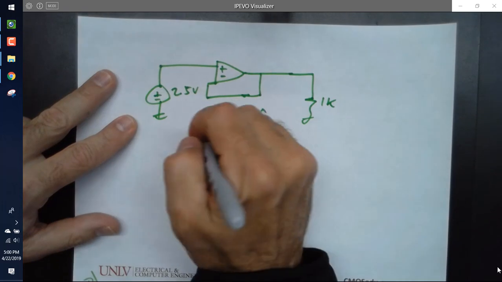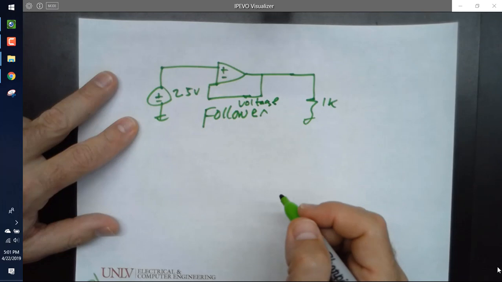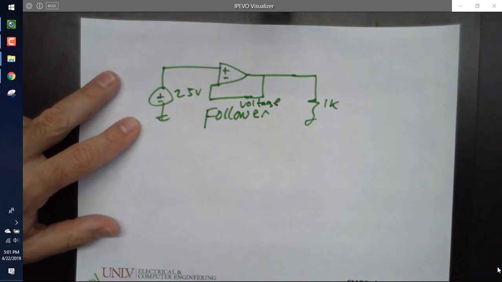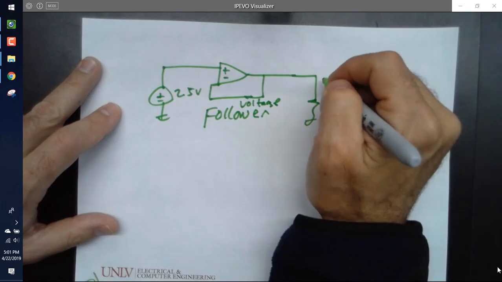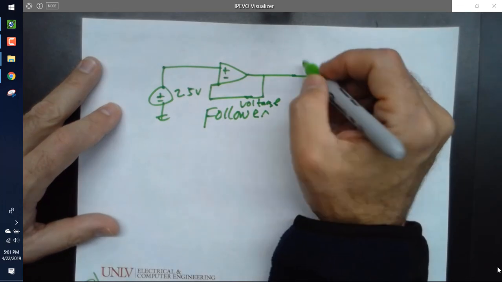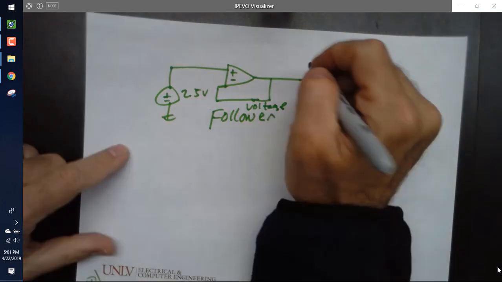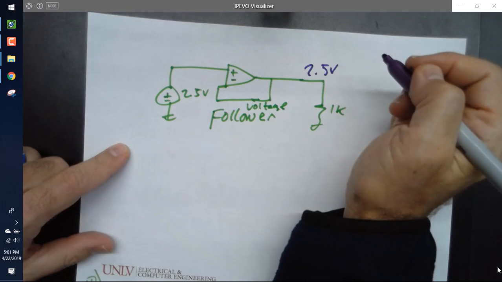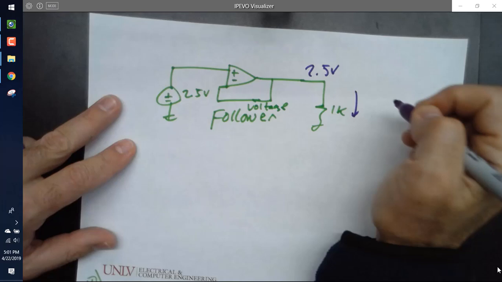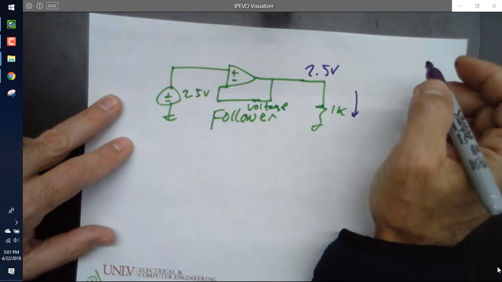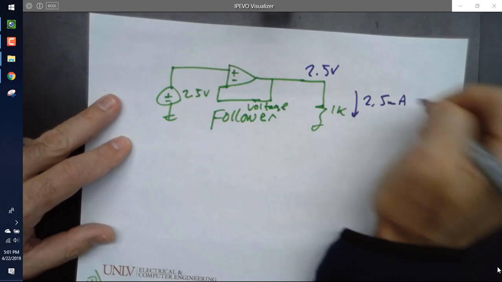It's called a voltage follower, right? Who agrees with that? All right. So now if I ask you, what should the output voltage be? 2.5 volts. Right? How much current flows then in the 1K? Whatever that is. 2.5 milliamps.